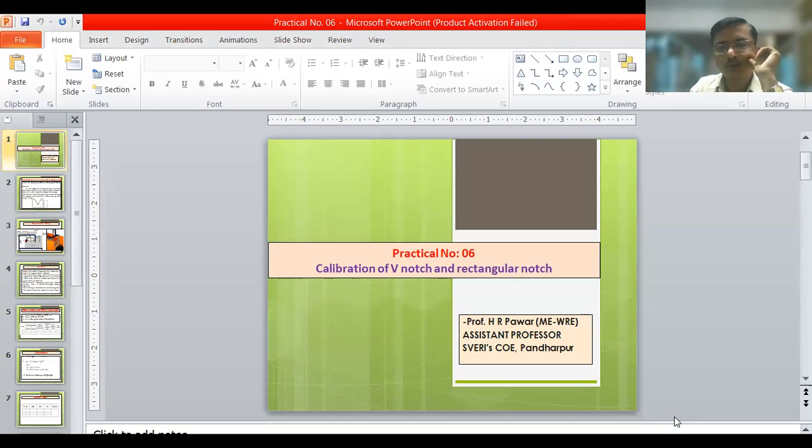So today we are going to perform practical number 6, that is calibration of V notch or rectangular notch.